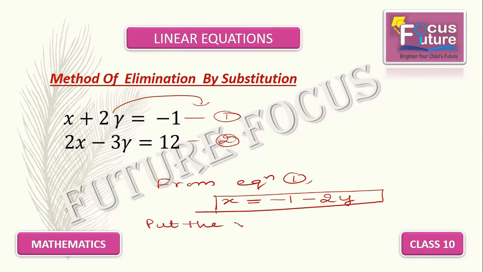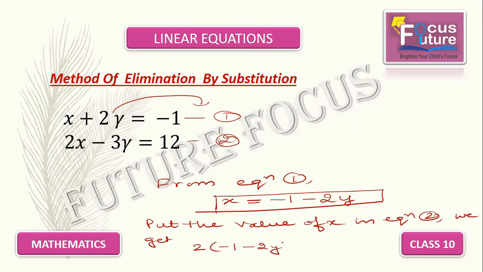Now put the value of x in equation 2. We get 2 into (minus 1 minus 2y) minus 3y is equal to 12.